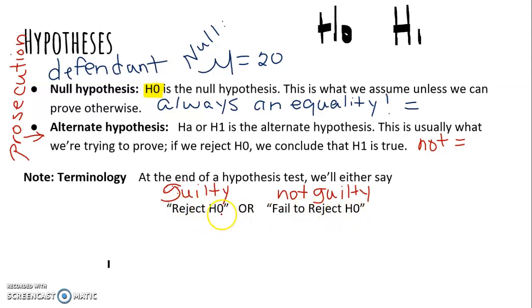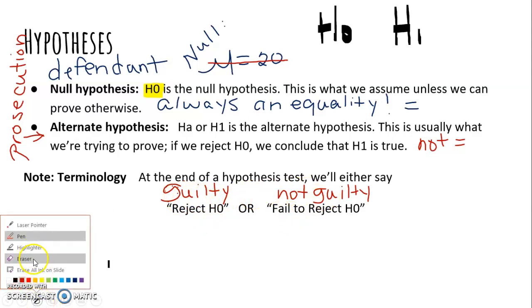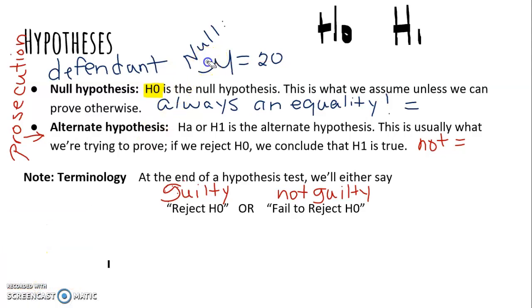Rejecting the null means we're saying the null isn't true. We've got enough evidence to show that this null is false. That would be the same as saying that the defendant is guilty. Or we're going to fail to reject the null. And if we fail to reject the null, that does not mean that the null is true. All it means is that we didn't have enough evidence to say that it was not true.